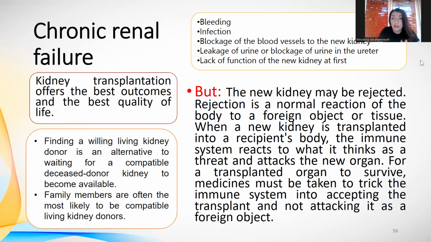These medications are immunosuppressants. And again, these immunosuppressants increase the risk of infection. Other complications of this operation are bleeding, blockage of the blood vessels to the new kidney, leakage of urine or blockage of urine in the ureter, and a lack of function of the new kidney at first.